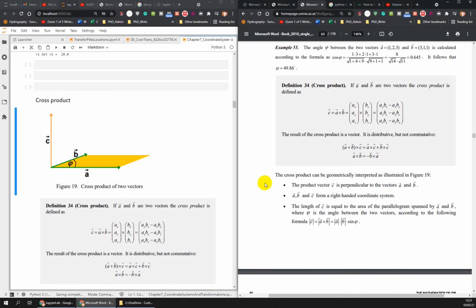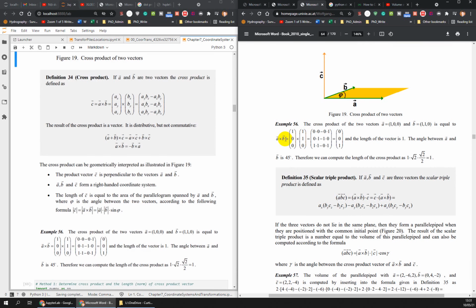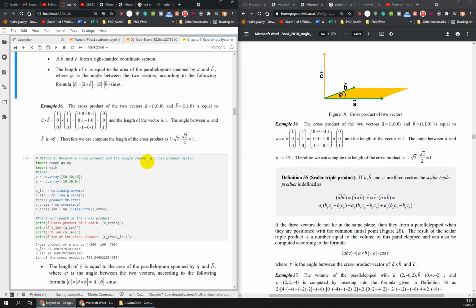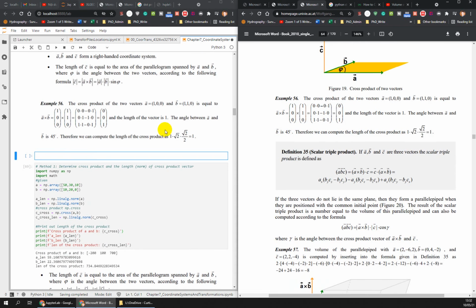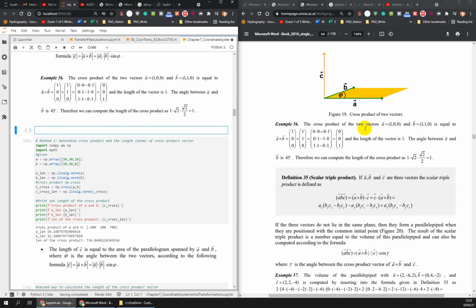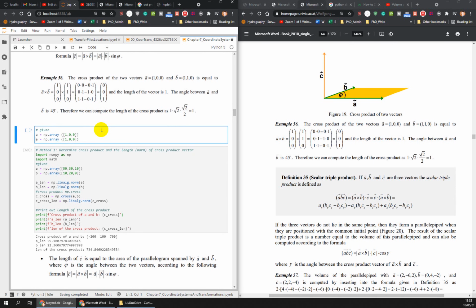So let's look at an example, and we want to try to implement it in Python. Here we have example 56. In this example, we have two vectors A and B. Let's say vector A is equal to numpy.array, vector A is 1, 0, 0, and similarly we can define vector B as 1, 1, 0.